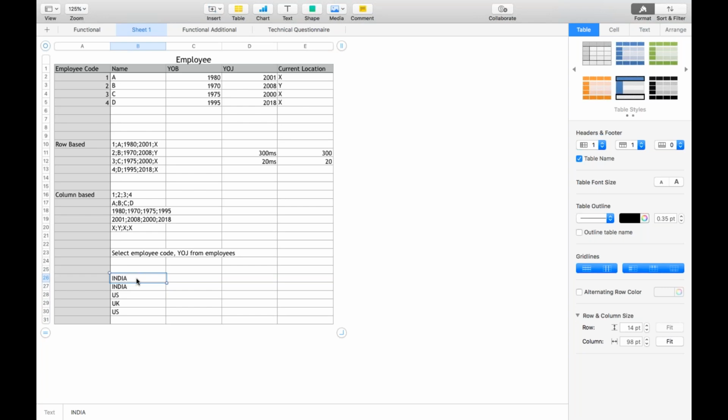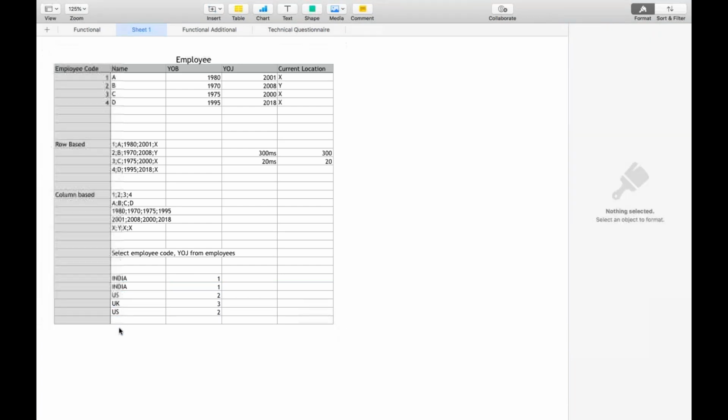So what compression does is, for each column it will create one code. India, let's say, will be given 1, US will be given 2, UK will be given 3. So every time the data is stored in the database, it will not be stored in the raw form. The system will create an index key for each and every unique value, and that key will be stored in the database. Which means you can see 5, 5, 10, and 16.